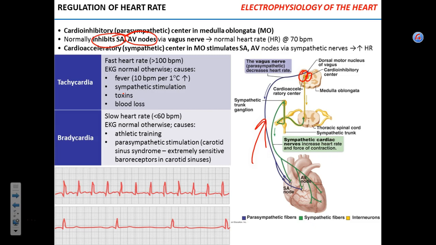And then you eventually decide to go and start exercising. So your heart rate will go up. What will bring it up in the first place?